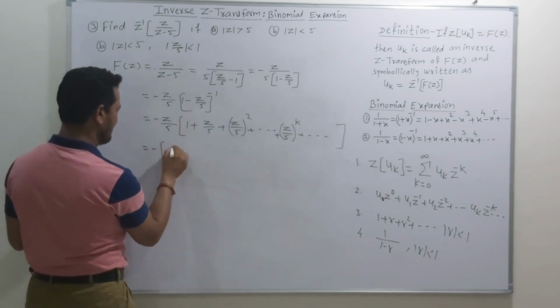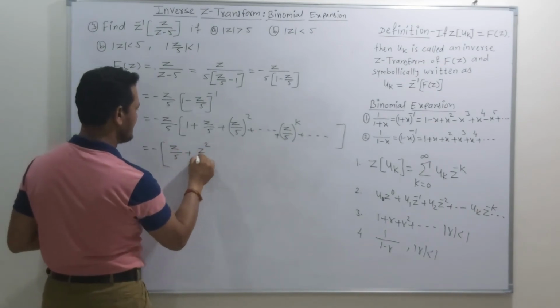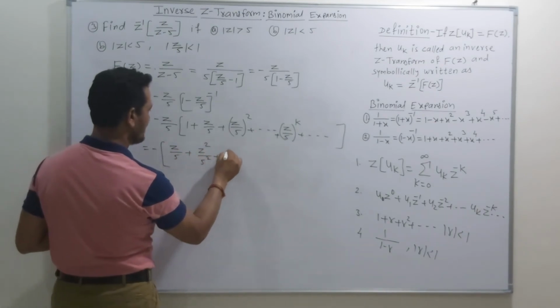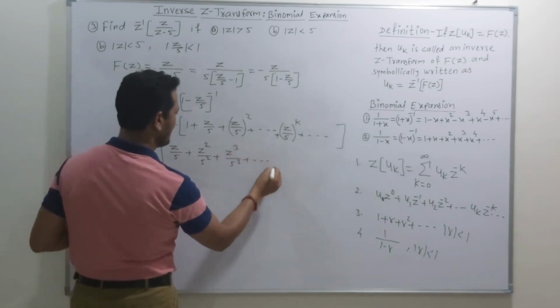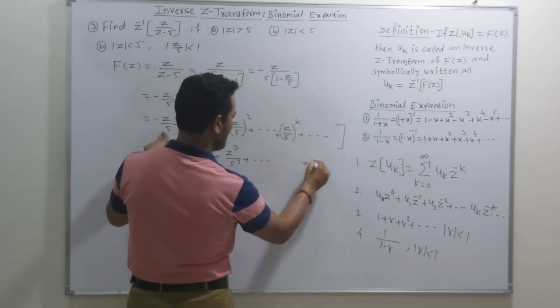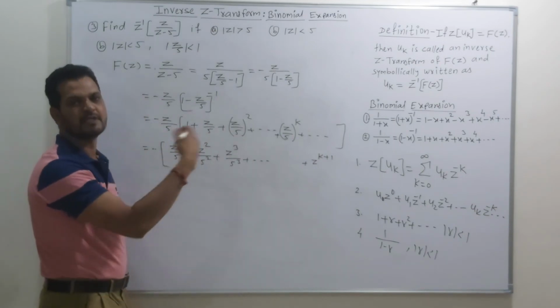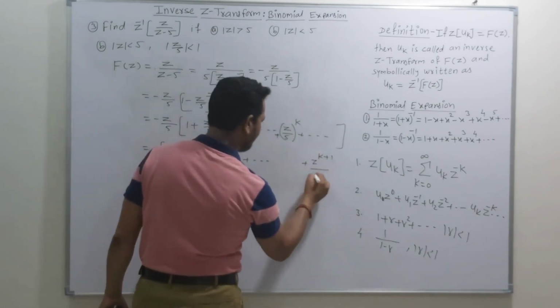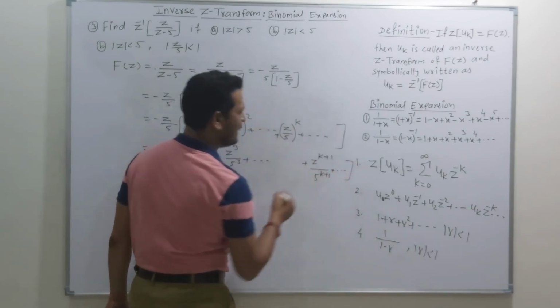Then 1 into z upon 5 means z upon 5 plus z square upon 5 square plus z cube upon 5 cube and so on. If we multiply these, we get plus z raised to k plus 1, because this is z raised to k and this is z, that means z raised to k plus 1 upon 5 raised to k plus 1 and so on up to infinity.